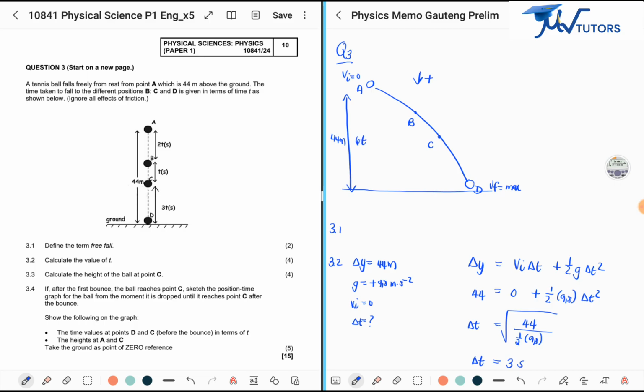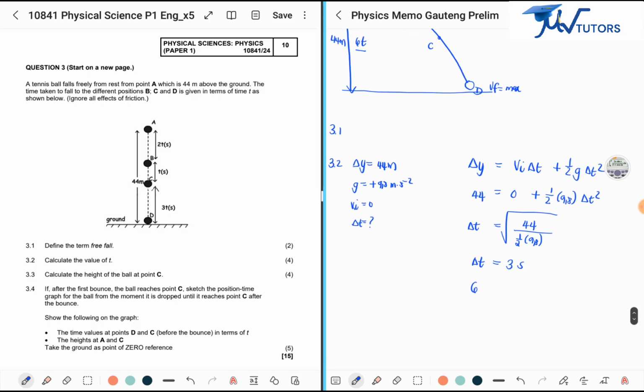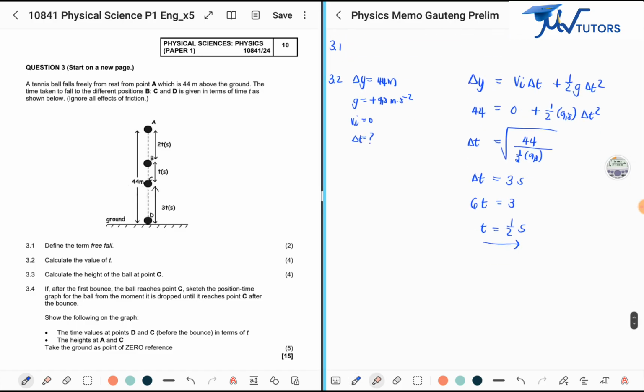So basically, it took 6t seconds. So basically t will be equal to 0.5 seconds, or a half. Let me put 0.5 there. Make sure the S and the 5 actually look different.